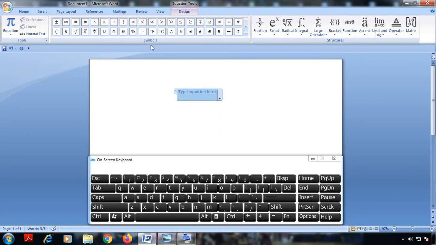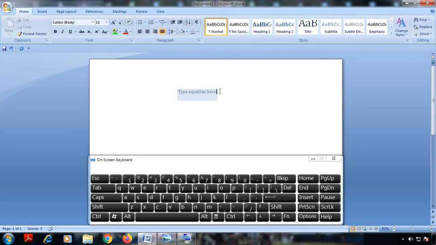But what if these symbols are directly inserted into your equation? That will be convenient to the user. So how can one do that? In the first place, to start an equation editor, there is a shortcut which one can make use of. Like you can see on my screen, you can enter alt and equal to.